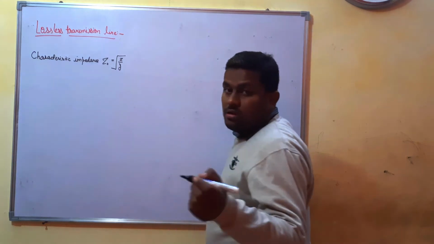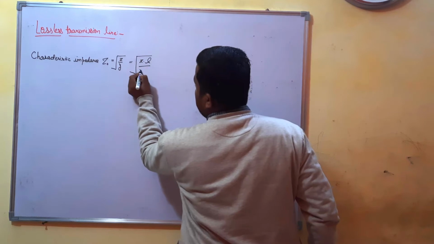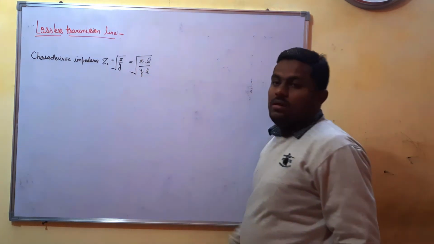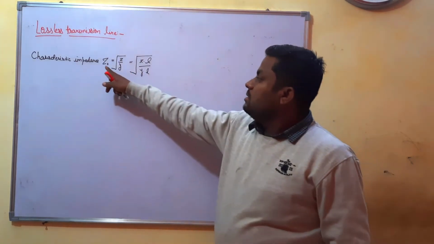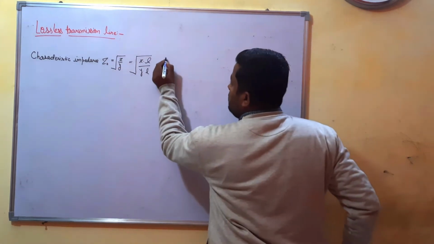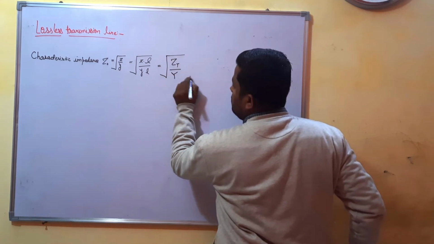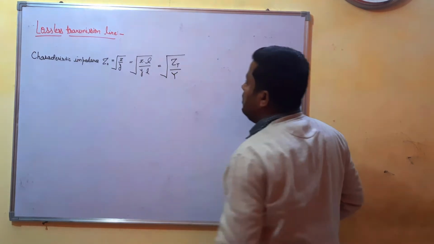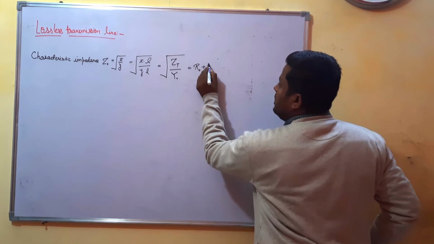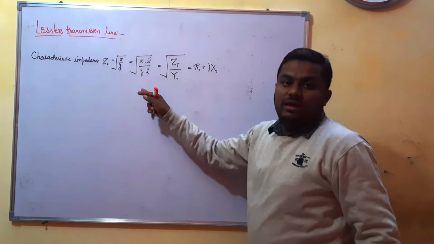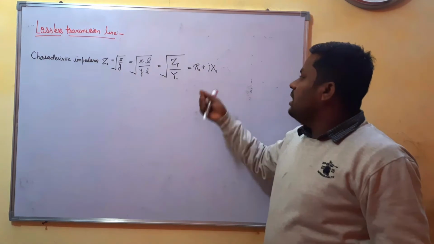If we multiply the numerator and denominator by the length of the line, then there will be no effect on the characteristic impedance, that is, it will be the total series impedance and total shunt admittance of the line. Since Z and Y are complex numbers, it will be R0 plus jX0, as we saw in our previous video.